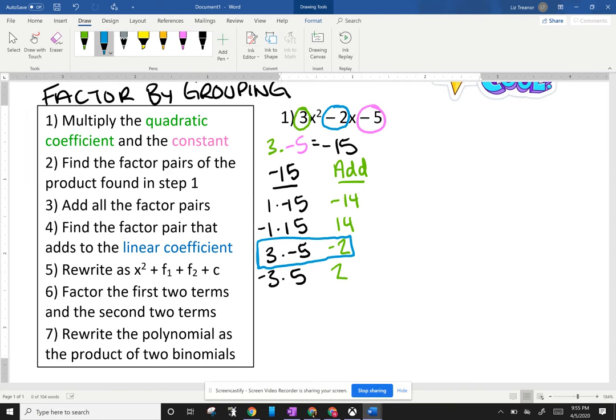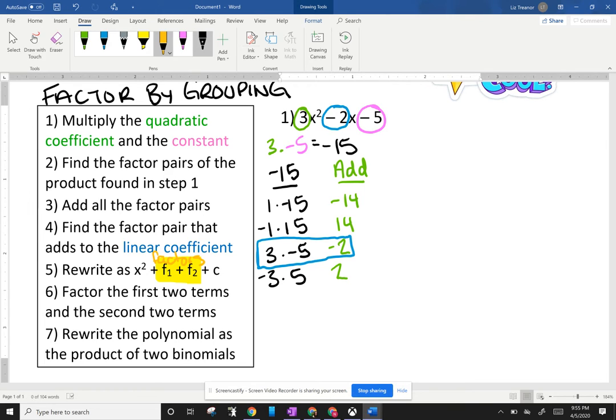Okay, step number 5 asks us to rewrite this new polynomial as x squared plus f1 plus f2 plus c. And in this case, f1 and f2 are meant to be the factors we found. And in this case, those factors are 3 and -5.